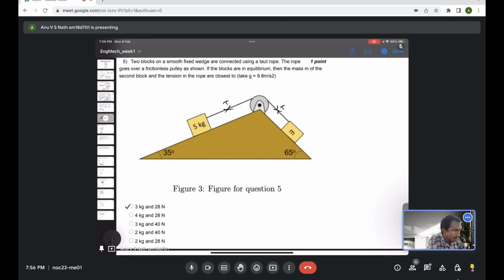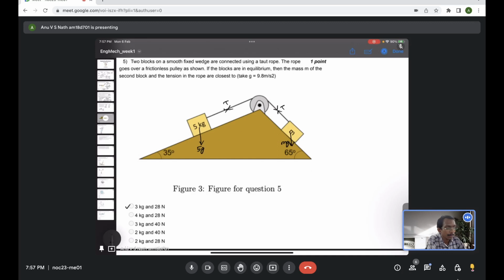So we will go through the net forces acting on each of the bodies. So we have a 5 kg block and then an unknown m kg block. Okay, so 5 kg will have 5g weight acting vertically downwards, and m kg will have mg acting downward.